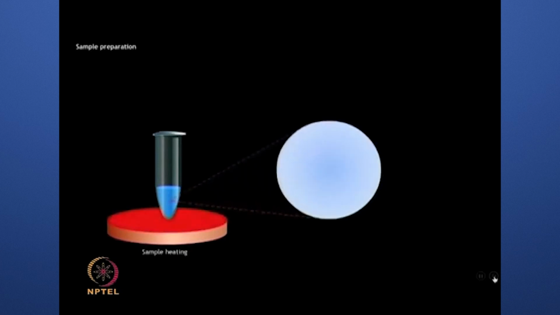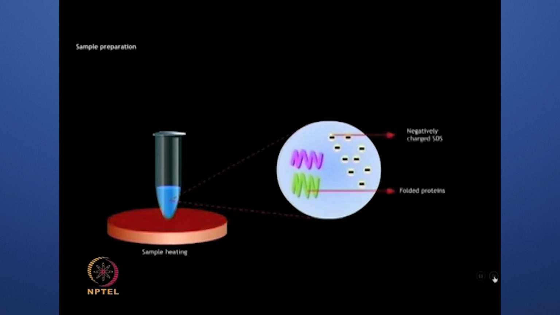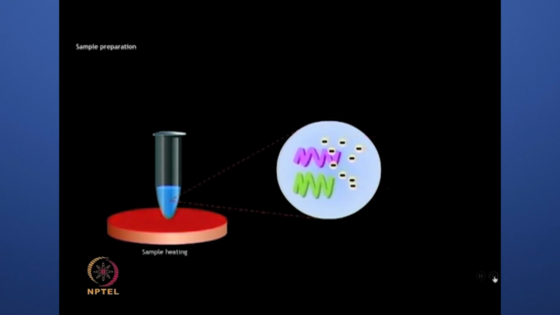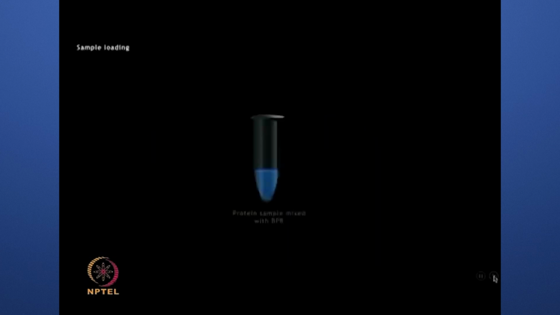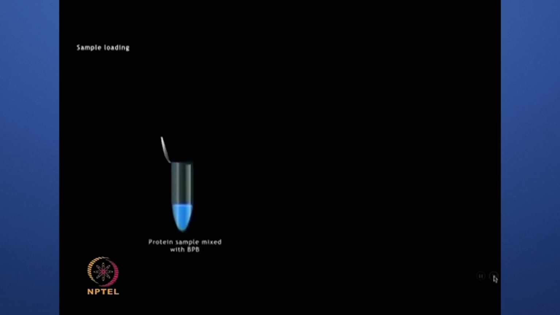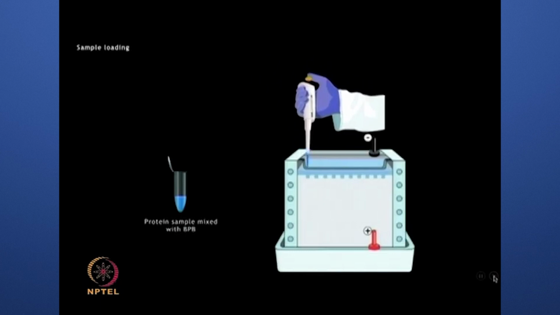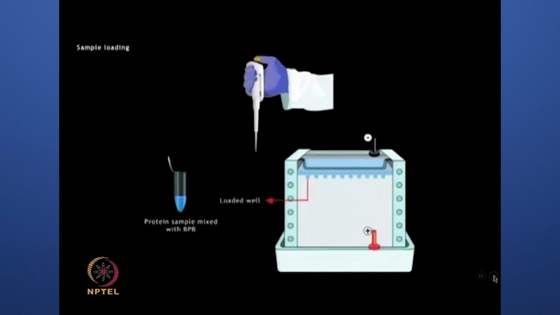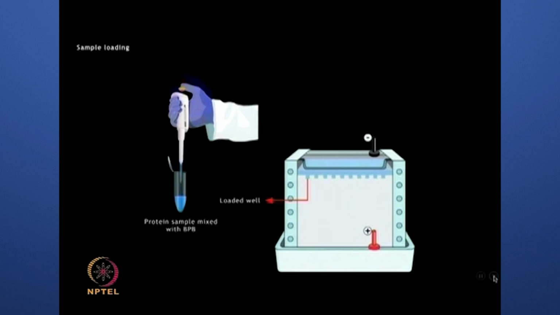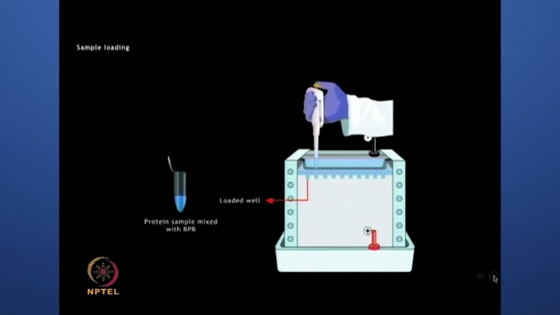During the process, you boil or heat your protein samples to denature the protein. Now, the negatively charged SDS molecules will bind to the proteins and denature them. The binding of SDS causes the proteins to have a uniform charge to mass ratio, thereby allowing the separation purely on the basis of molecular weight.